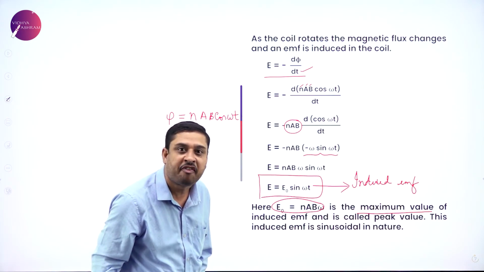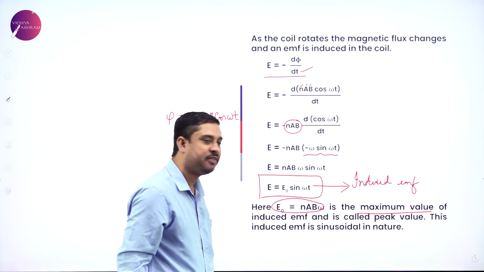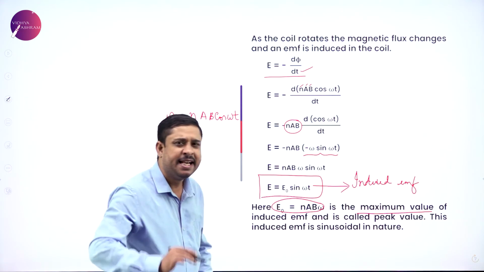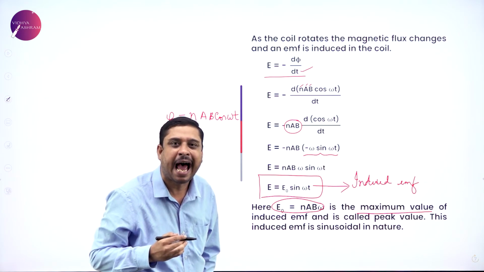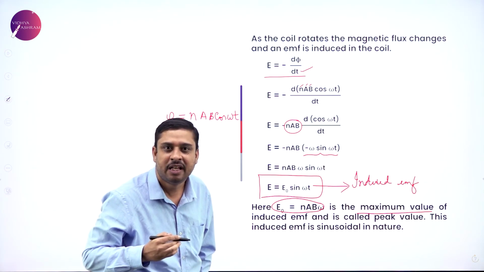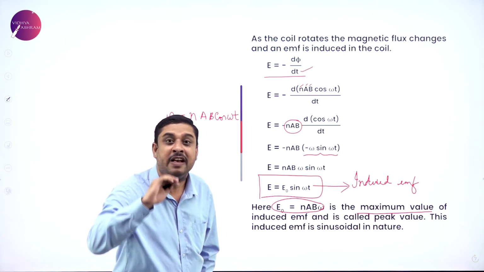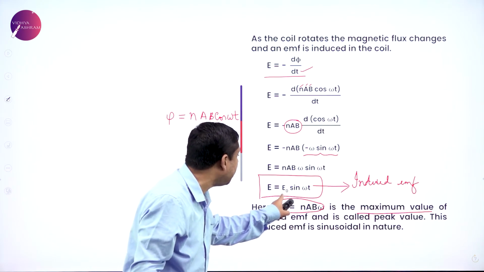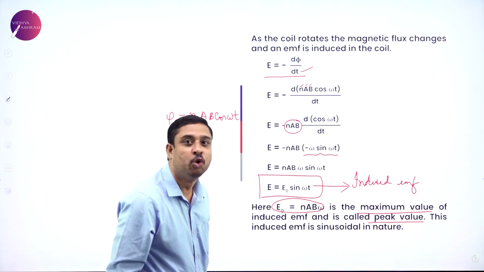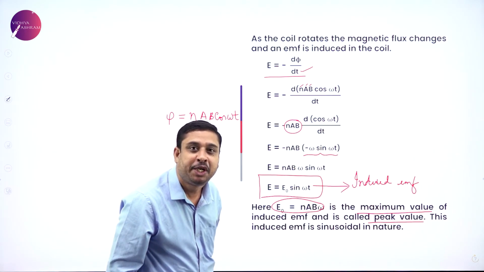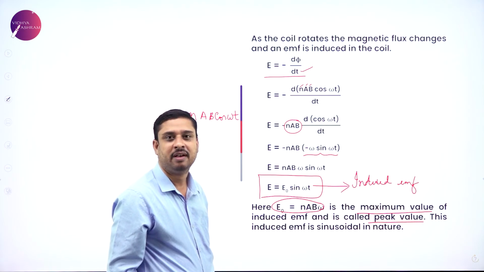Now, the moment I write E naught, subscript 0, it means the maximum value of the induced EMF. E naught is the maximum value you can get as induced EMF. The EMF cannot have any more value other than E naught. Therefore, it is called peak value, amplitude value.